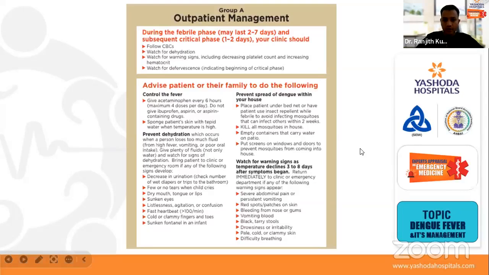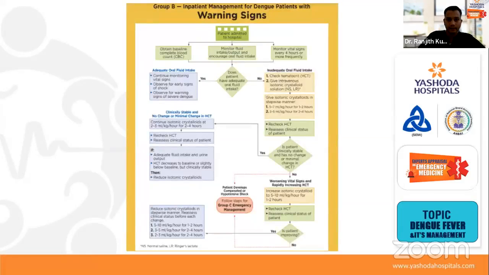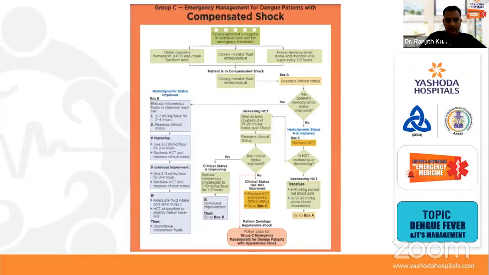They should look for warning signs, and watch for when the temperature reduces, because that means they are going into the critical phase. These are the slides we have already discussed, followed by those in compensated shock, and the next slide covers those in full shock, with IV fluid administration.